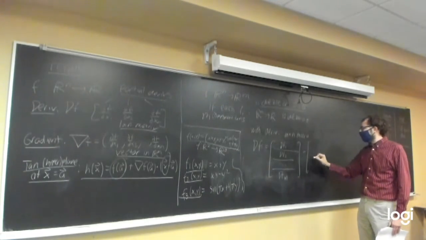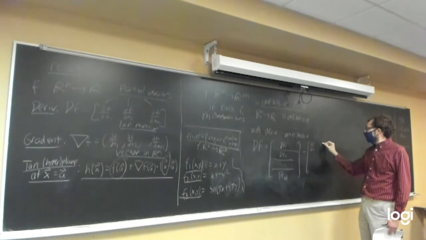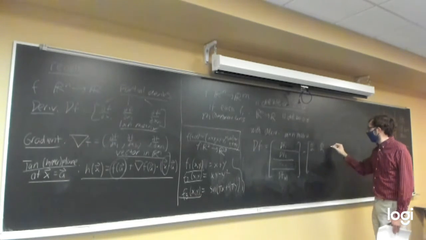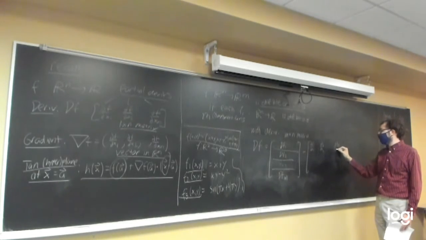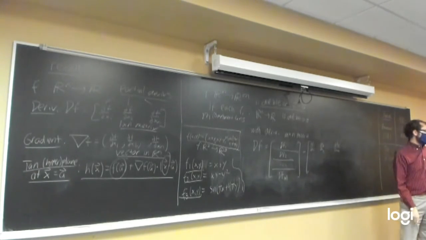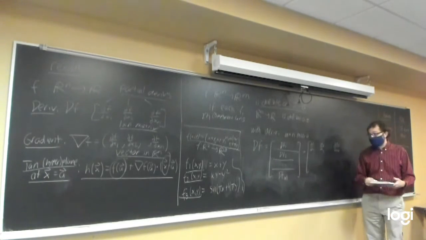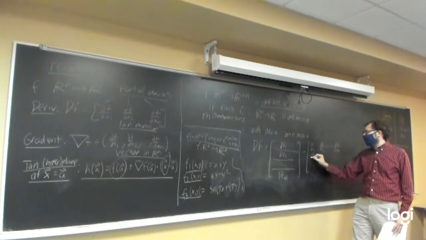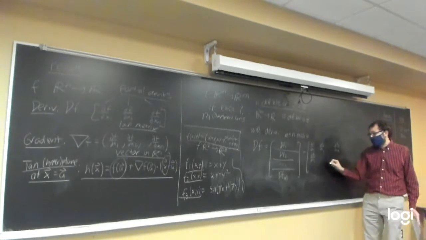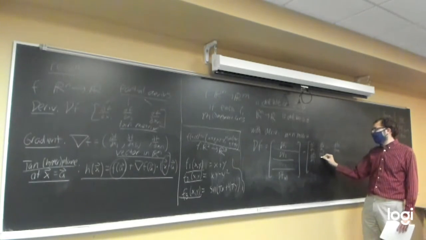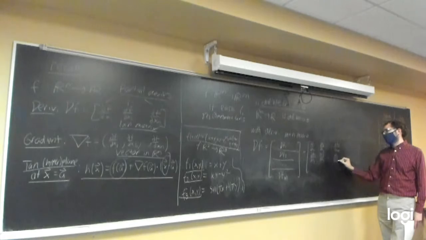If we write this all out, the top row is going to be del f1 del x1, del f1 del x2, all the way up to del f1 del xn. So the top row is all the partial derivatives of your first component function, f1. The second row is all the partial derivatives of your second component function, so del f2 del x1, del f2 del x2, all the way up to del f2 del xn.